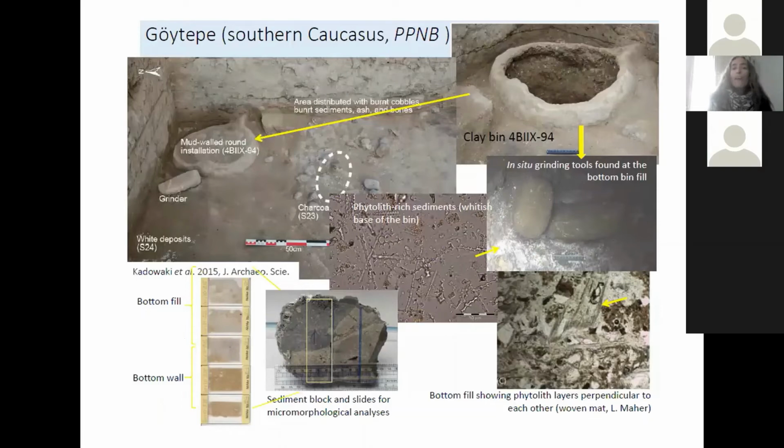And here they found examples of clay bins, so storage within the buildings related to food processing areas and cereal processing, that's the grinding kit, which was inside the clay bin, handstones in situ with these whitish remains, which are pure phytoliths.